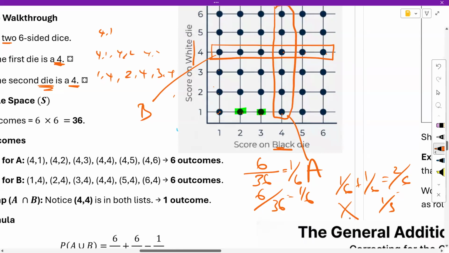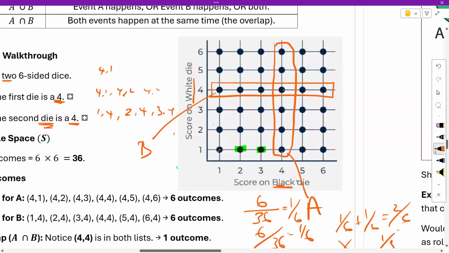Why? You see, how many outcomes are there altogether? 36. Then we count: this is A, and this is B. Now let's count: 1, 2, 3, 4, 5, 6, 7, 8, 9, 10, 11.